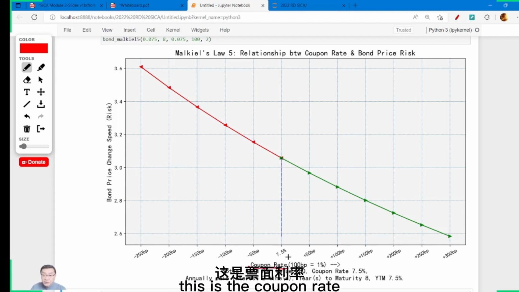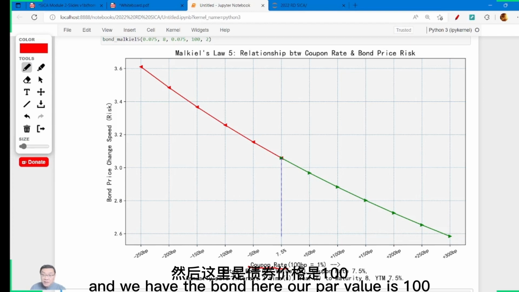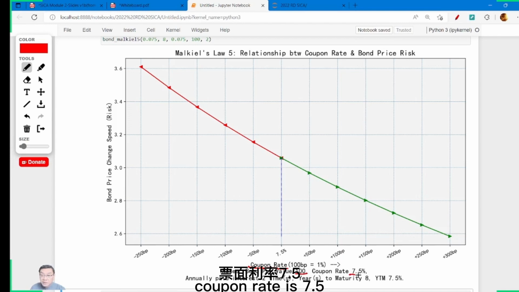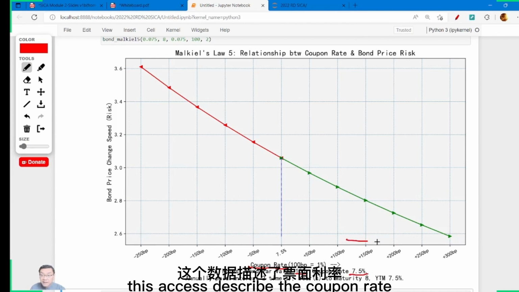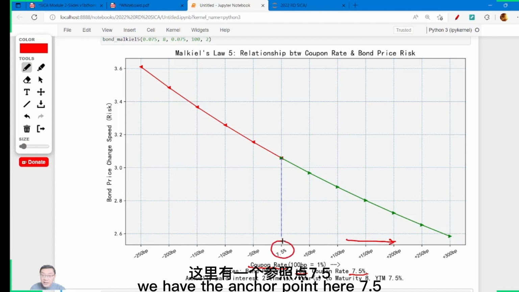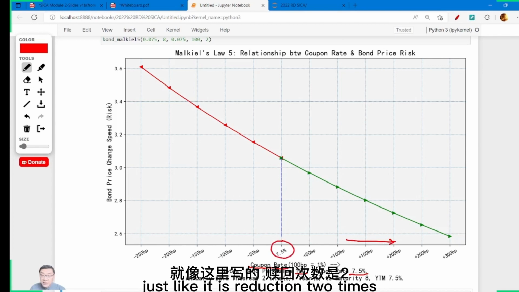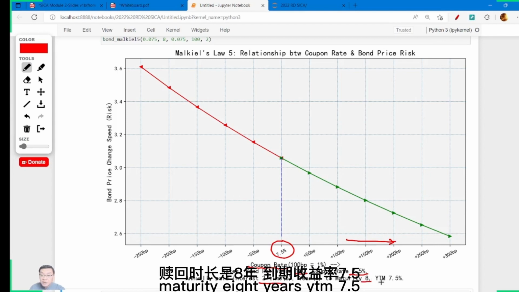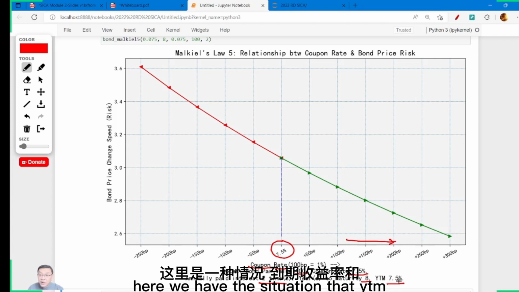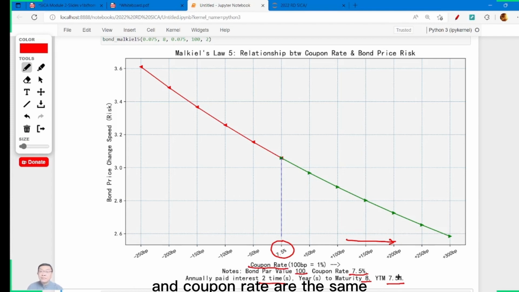Our par value is 100, coupon rate is 7.5, and we have the anchor point here, 7.5. Redemption 2 times, maturity 8 years, YTM 7.5. Here we have the situation that YTM and coupon rate are the same.